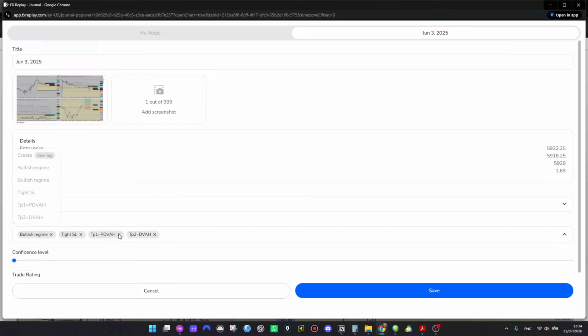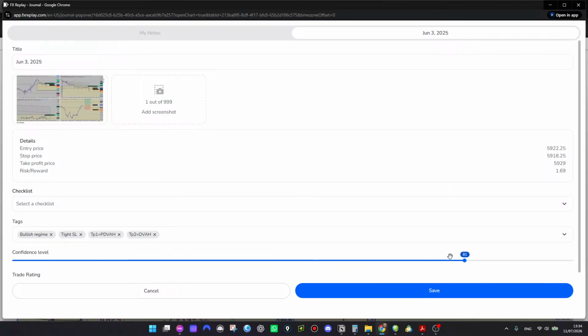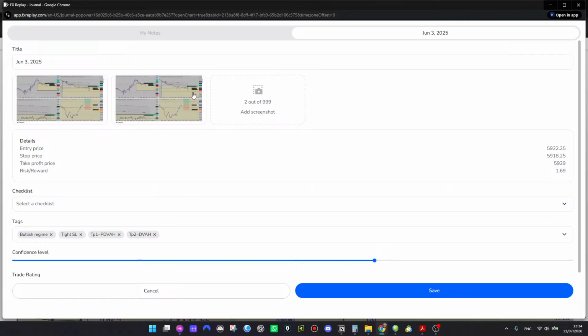Okay. Confidence level, I would say I'm confident about 65% because of the tight stop loss. Trade rating, okay, and can I take the screenshot?